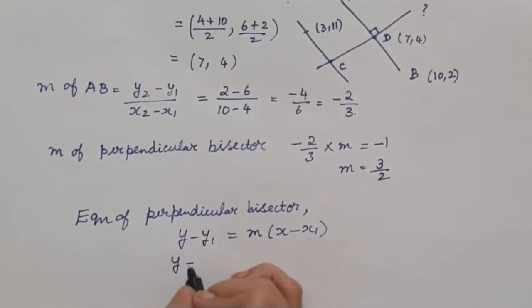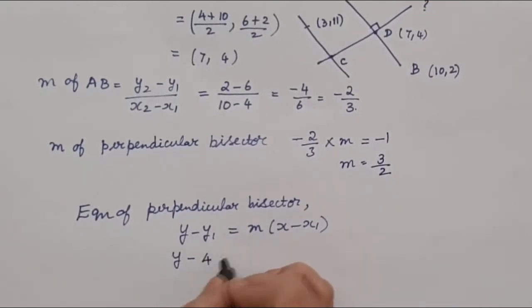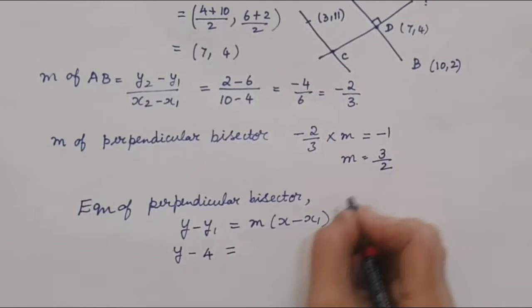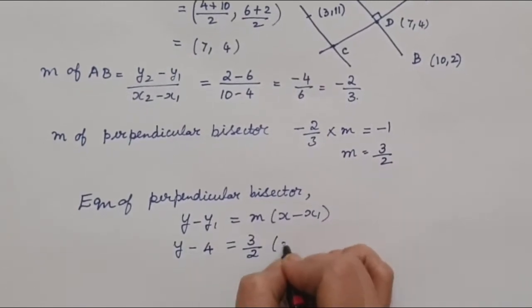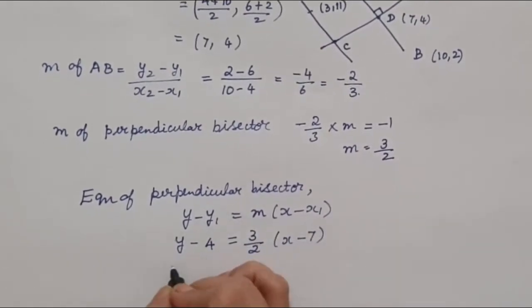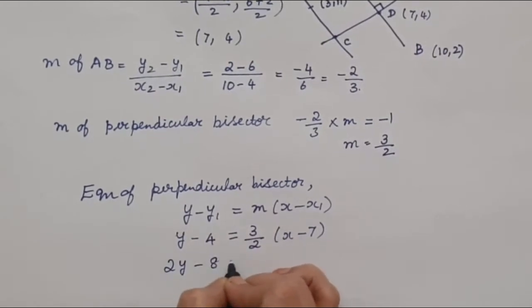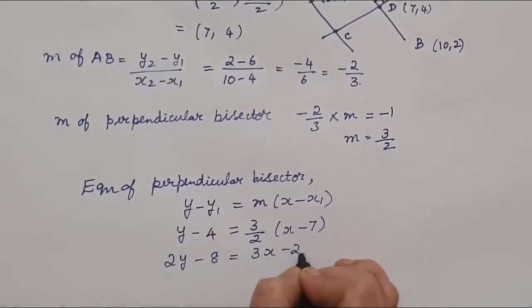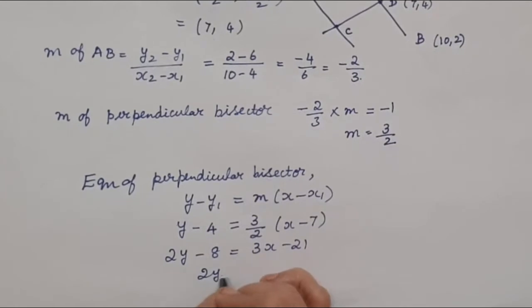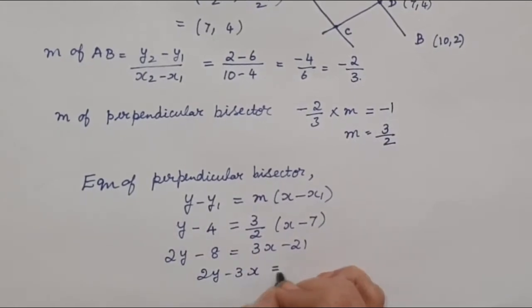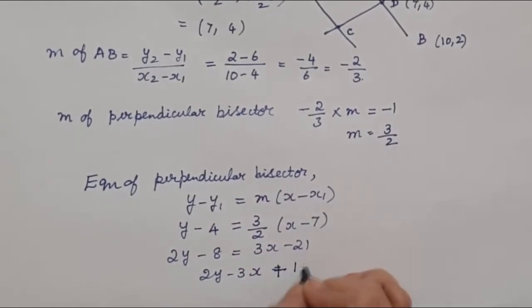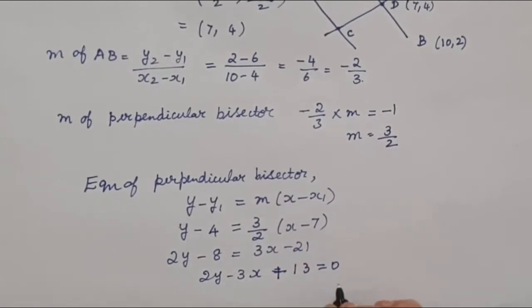So now y minus our y1, which is 4, m will be equal to 3 over 2, and x minus 7. So cross multiplied, 2y minus 8 will be equal to 3x minus 21. So 2y minus 3x plus 13 will be equal to 0. So this is the first part.